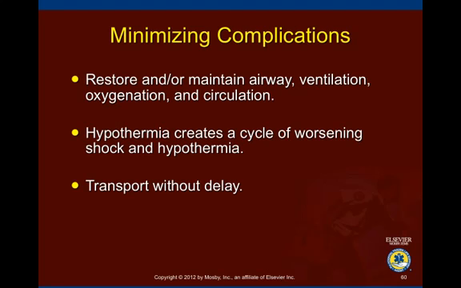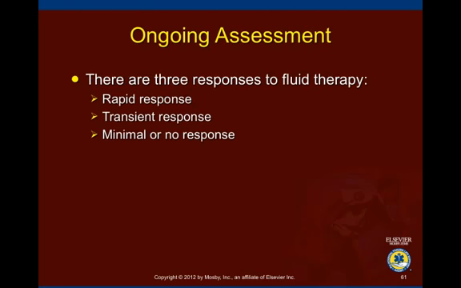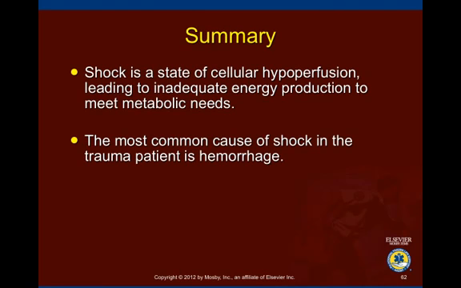So you have hypothermia, you have lactic acidosis buildup, and these things, added to the third part of the lethal triad, coagulation problems, and it's no wonder that shock gets to where it is. Ongoing assessment, and you probably can't reassess these folks enough.